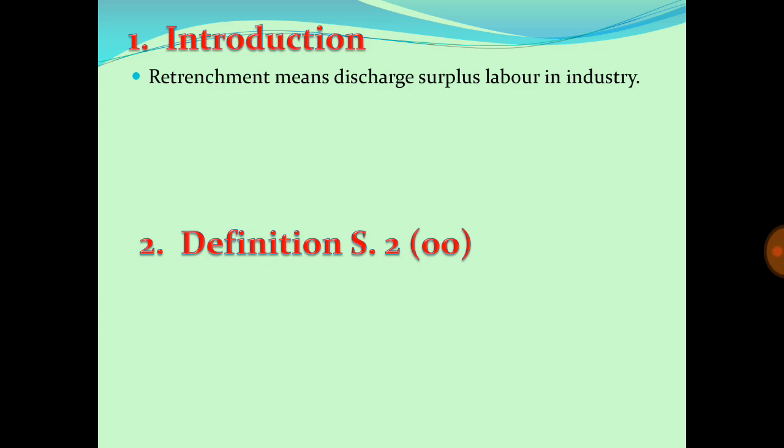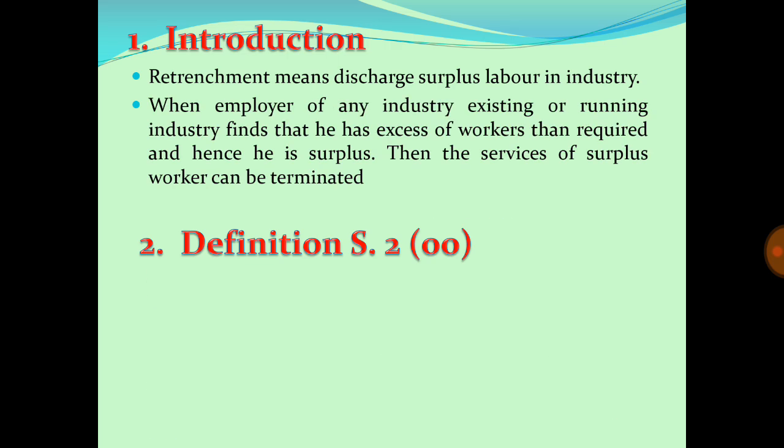There are many instances, like recession, where industries retrench their labor as it results in surplus labor. When the employer of any industry finds that he has more workers than actually required, such workers are called surplus workers.